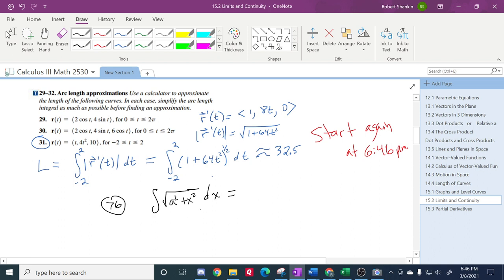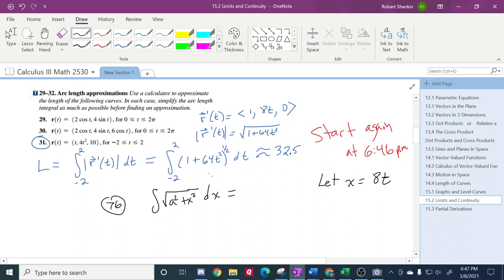All right, so we're going to have to let x equal 8t. That's how the x squared is going to be 64t squared.